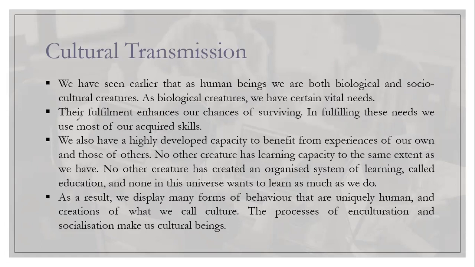The knowledge today is not sufficient for tomorrow's existence. So if you want to exist tomorrow, you have to learn new things. As a result, we display many forms of behavior that are uniquely human and creations of what we call culture.